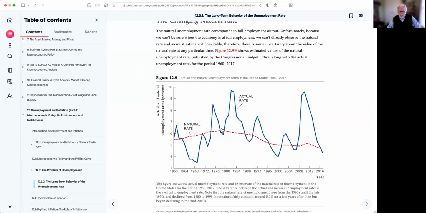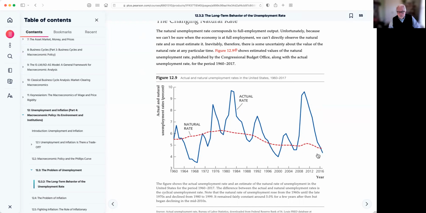It's generally been going down over the last 45 years or so. We used to think about the natural rate of unemployment, in other words, full employment, being around 6%. Now we tend to think about it maybe being 5%, maybe even less than that.